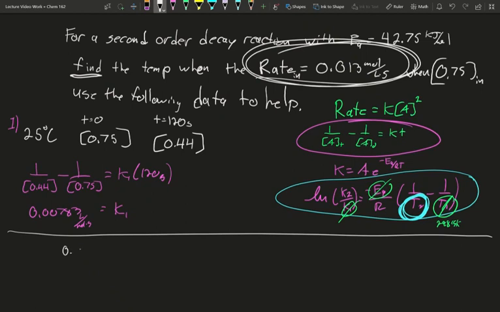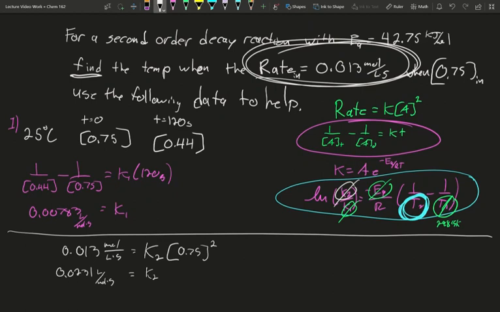So 0.013 moles per liter per second must equal K2 times that initial concentration. So we have our initial rate. Our initial concentration was 0.75 squared. We can solve K2. What we'll find is that's 0.0231 liters per mole per second. And so we've got K2.